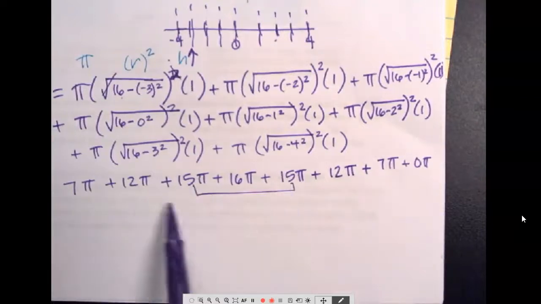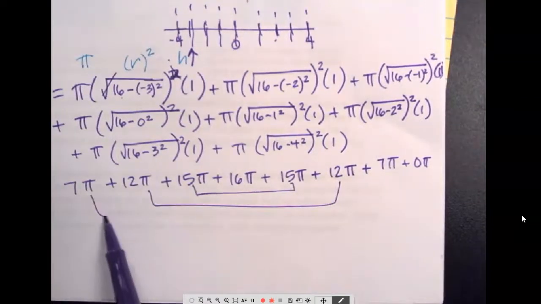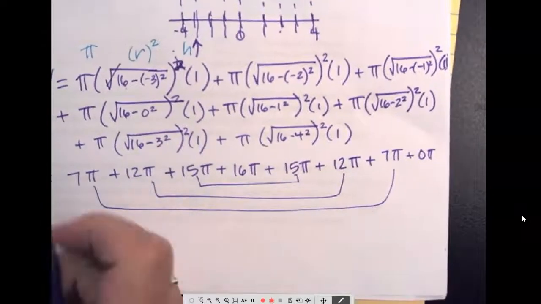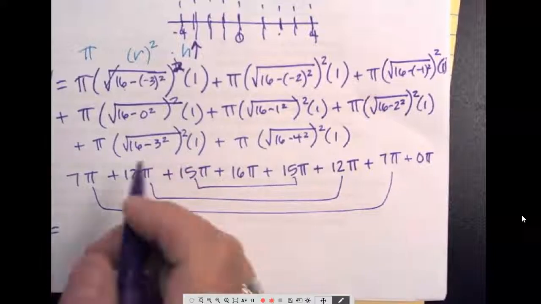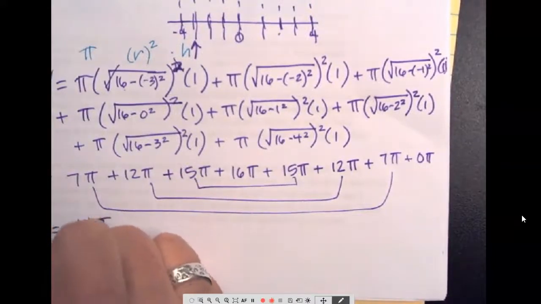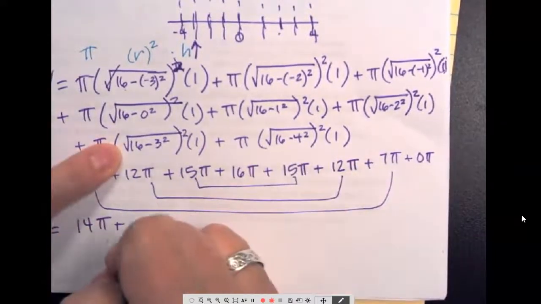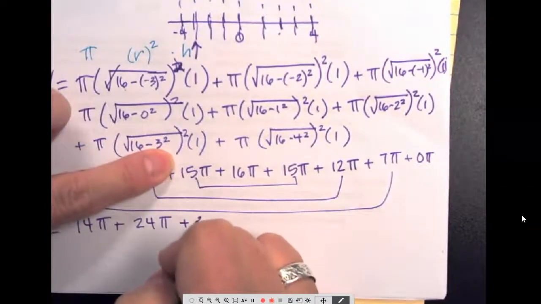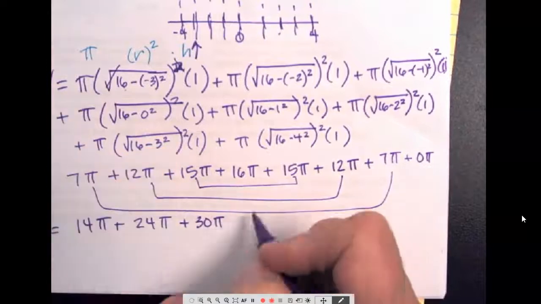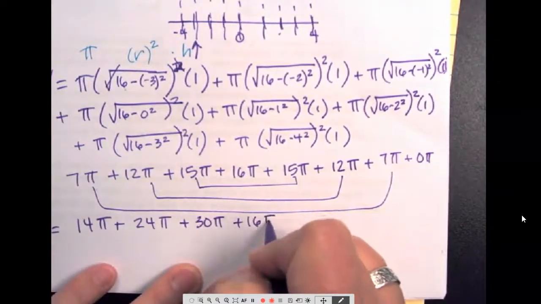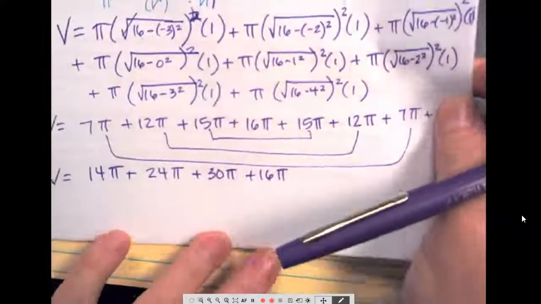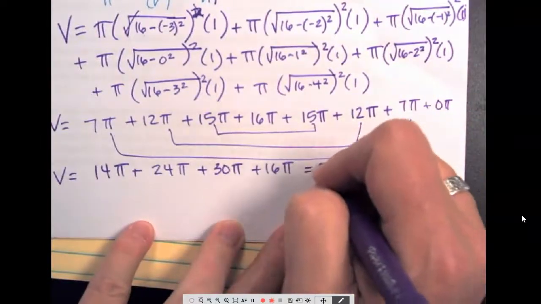How about if we do that? And then add in the 16. Okay, so I've got 7 times 2 is 14. 12 times 2 is 24. 15 times 2 is 30. And then 16 off there by itself plus 0, of course. How much? 84 pi?